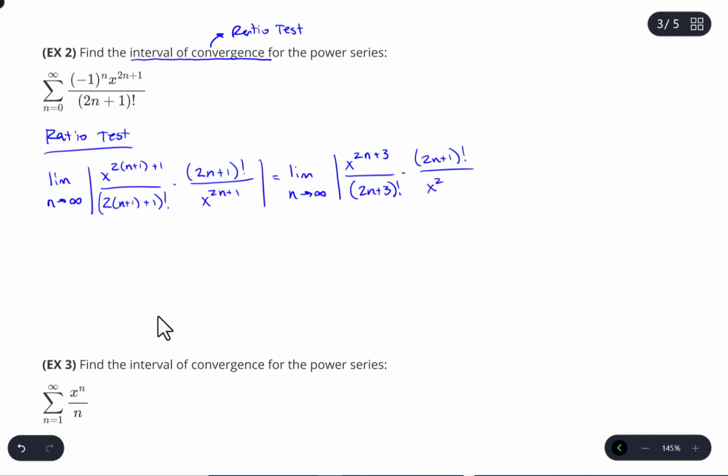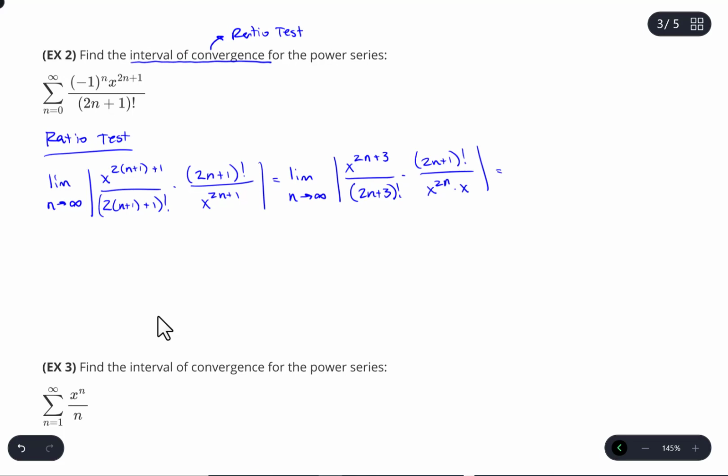And what's nice is x to the 2n plus 1 can change into x to the 2n times x, and I will also do that in the x to the 2n plus 3, so x to the 2n times x cubed.